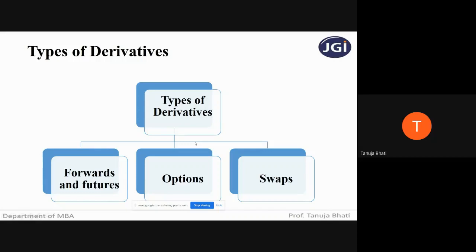Next you have options. Now, what are options? Options are again derivatives, a particular financial instrument, and these derivatives give an option to the seller as well as to the buyer to buy or sell a particular underlying asset at a predetermined price.